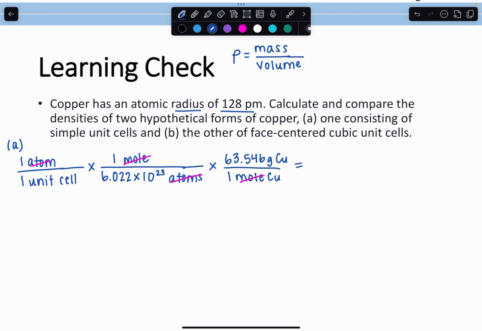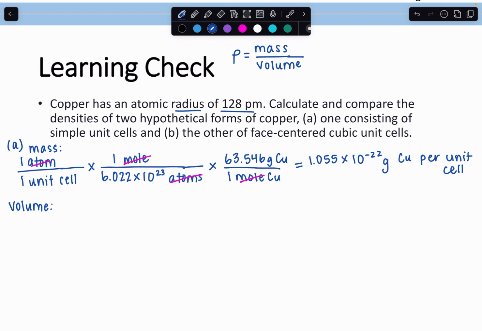If you plug all this into your calculator, we have 1.055 times 10 to the negative 22nd grams of copper per unit cell. So that's how we get the mass of a certain unit cell. I'll just write this as mass here. Next will be volume.